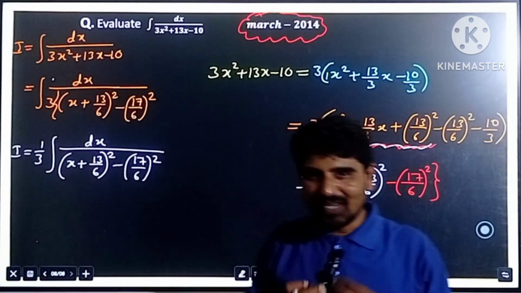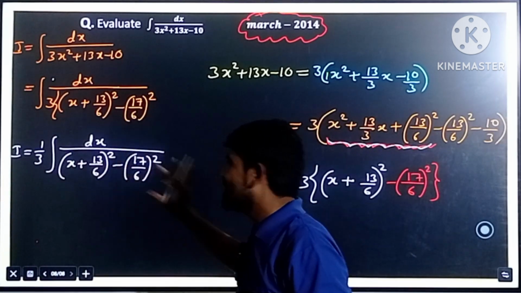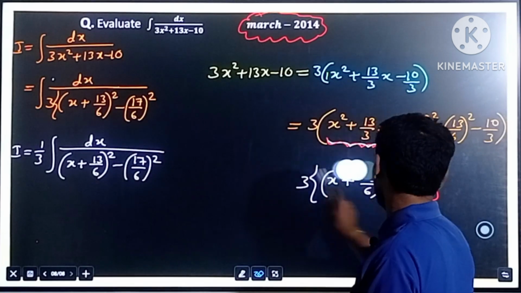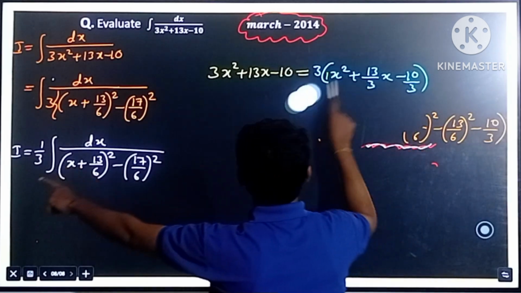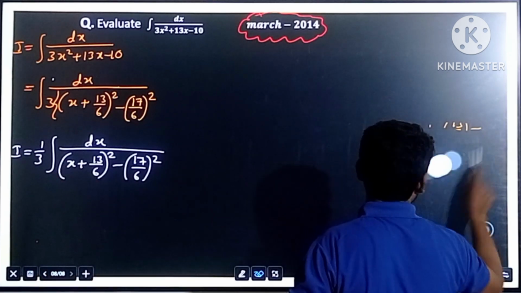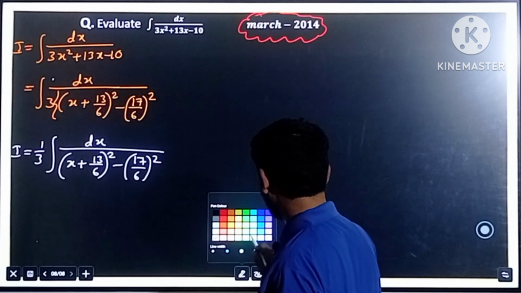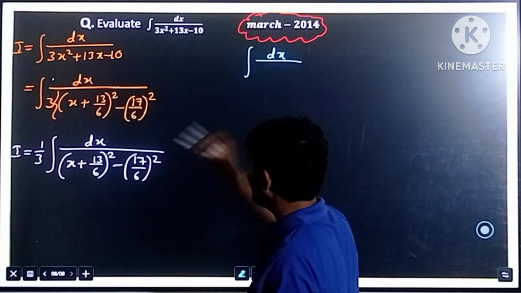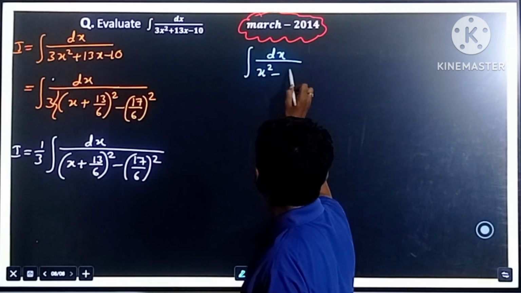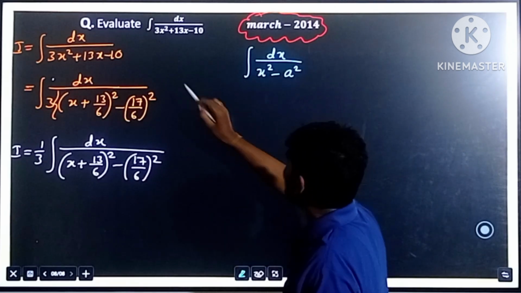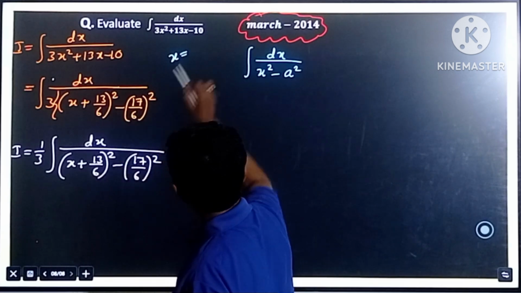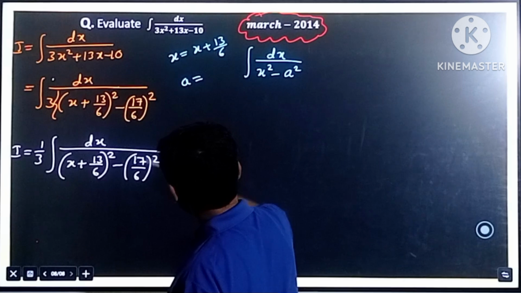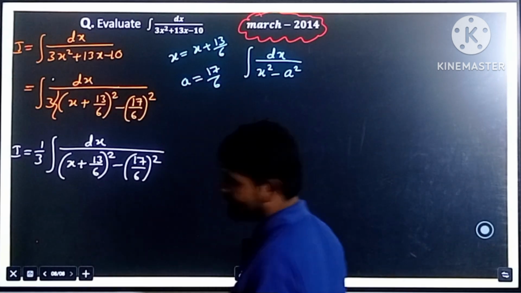Now we got the particular function form. This is in which form? See, this integration problem I is in which form? The form of this integration problem is integration of dx divided by x square minus a square, where x is what? x plus 13 by 6, and a is 17 by 6.